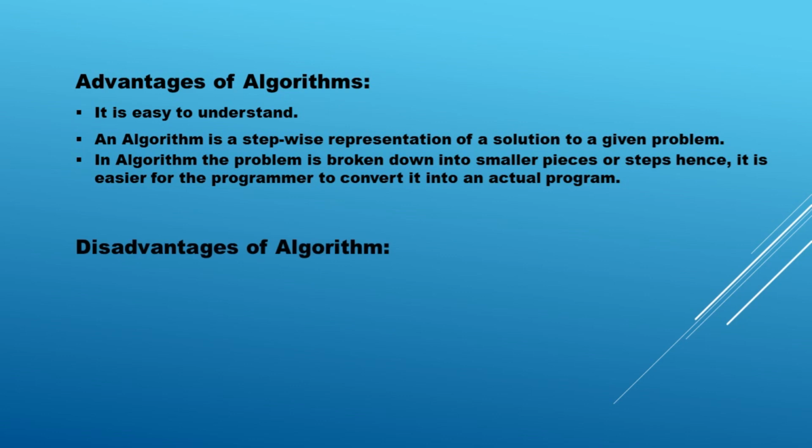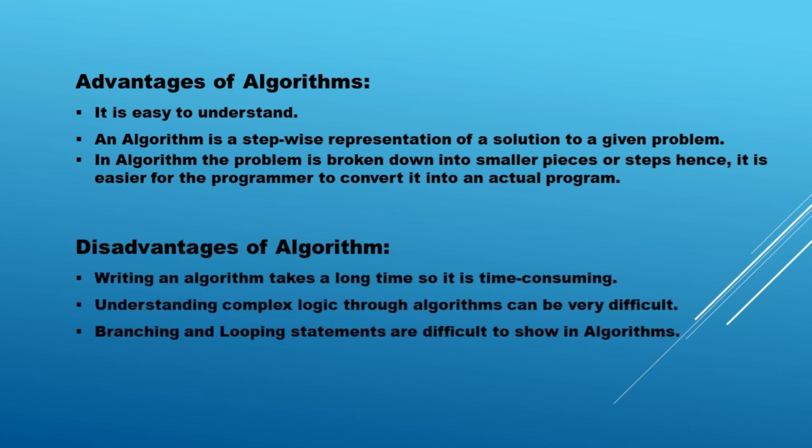There are also disadvantages of algorithms. Writing an algorithm takes a long time. Understanding complex logic through an algorithm can be very difficult. And also, branching and looping statements are difficult to show in an algorithm.